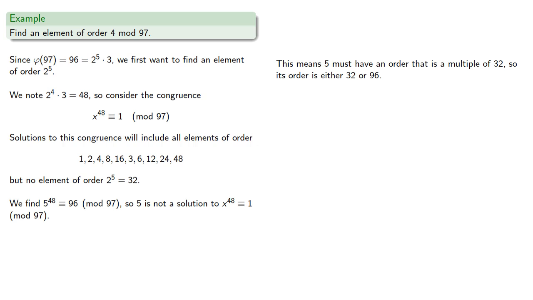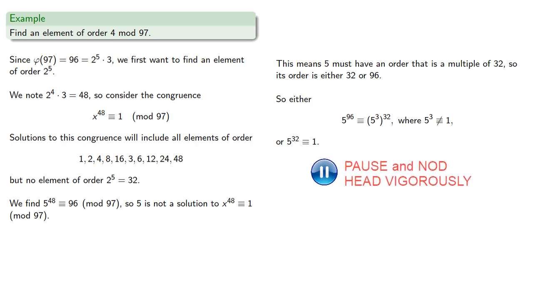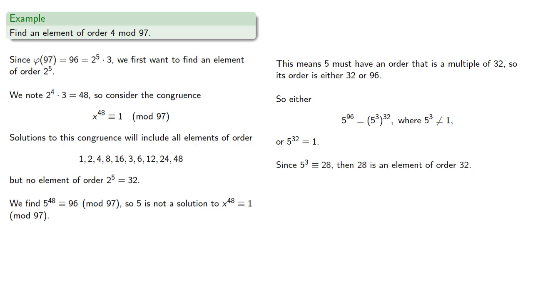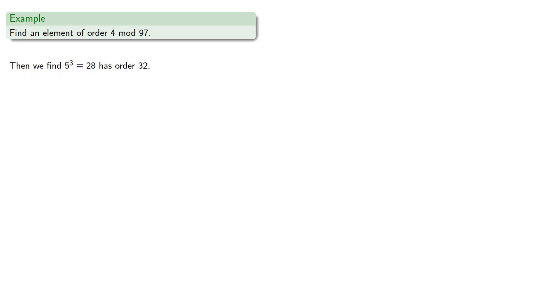So either we have 5 to the 96, well that's 5 to the 3rd to the 32nd, where 5 to the 3rd is not congruent to 1, or 5 actually has order 32, and so 5 to the 32nd is congruent to 1. And we do find that 5 doesn't have order 32, but 5 to the 3rd, that's 28, does have order 32. Now, since it has order 32, we know that 28 to the 32nd is congruent to 1.